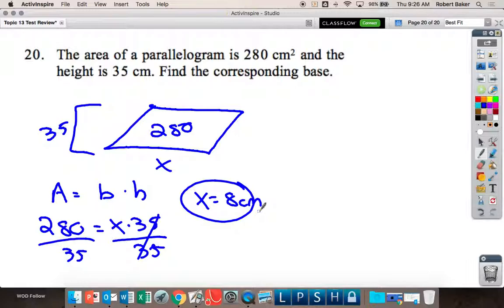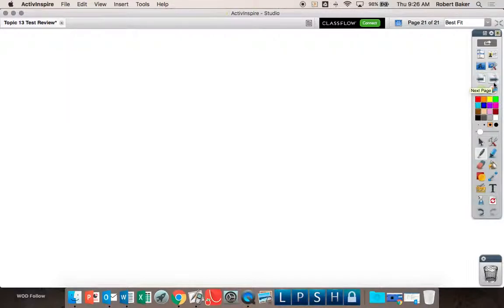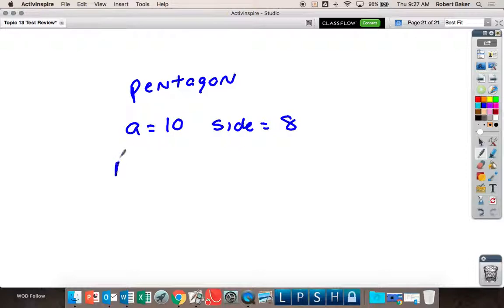So the only question that's on the test that's not actually on the review looks like this. It says you have a pentagon, the hypotenuse is 10, one side length is 8. What is the area of that shape?